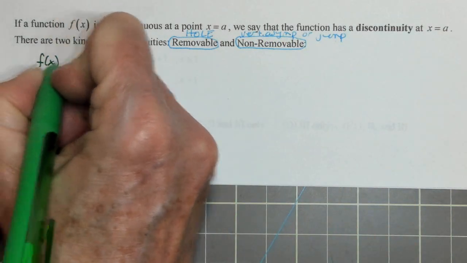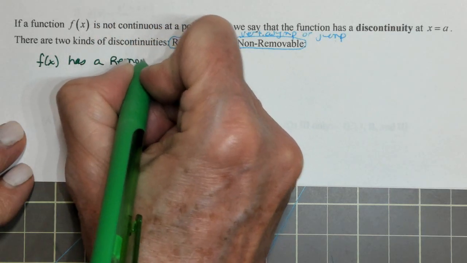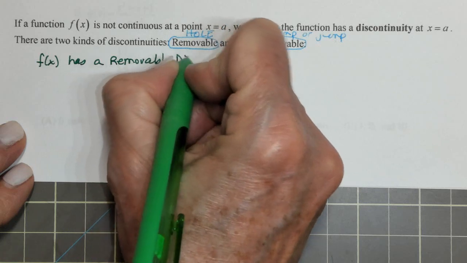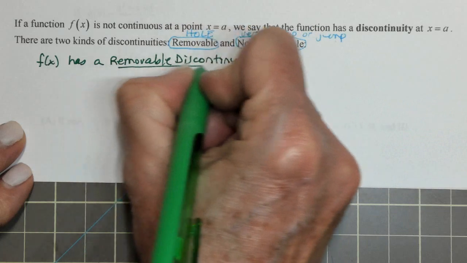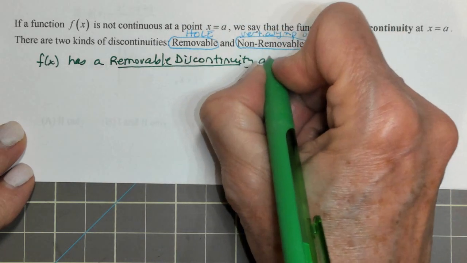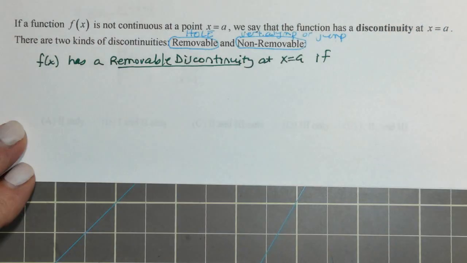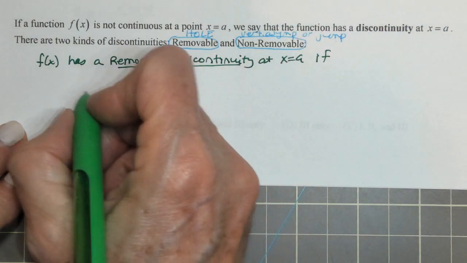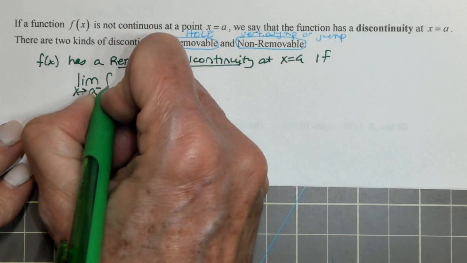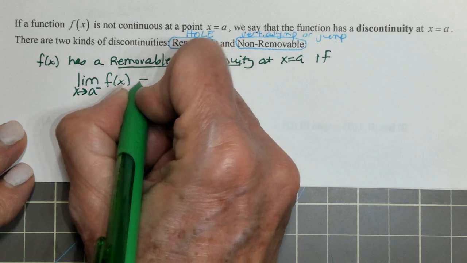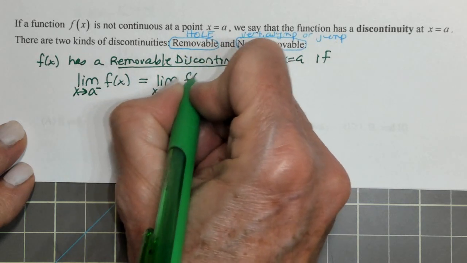So f of x has a removable discontinuity at x equals a if, and I could say if and only if, the limit as x approaches a from the left of f of x is equal to the limit as x approaches a from the right of f of x.